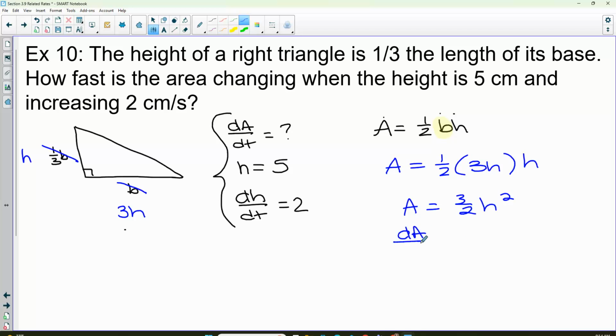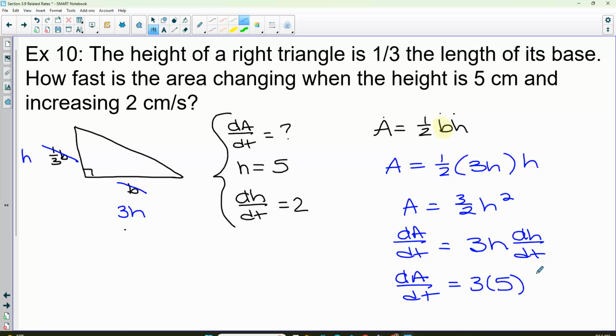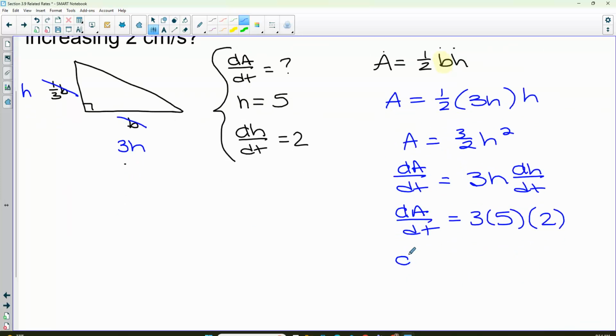Then we can do our derivative. dA dt equals 3h dh dt. h is 5, dh dt is 2. So we get 30. What would my units be? Area is always squares, so square centimeters.